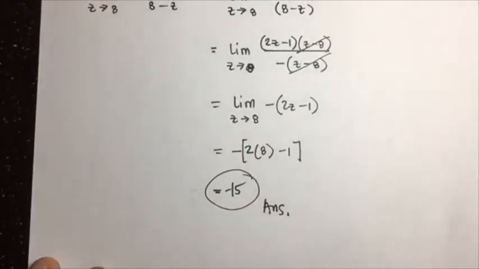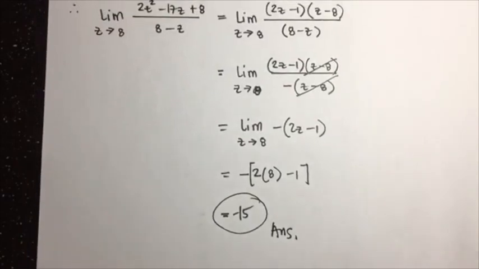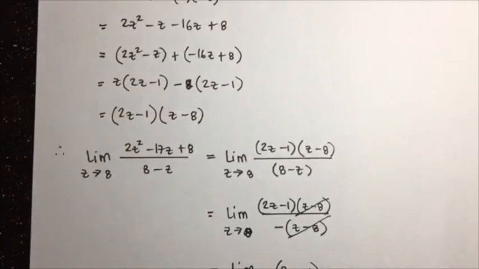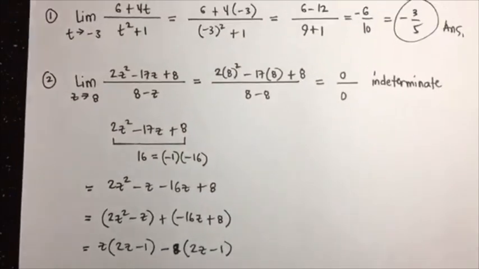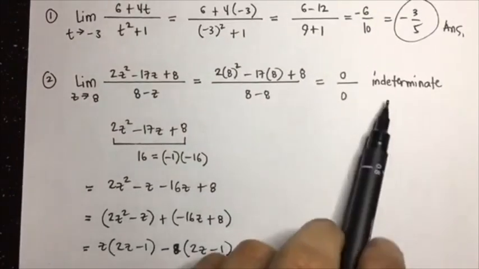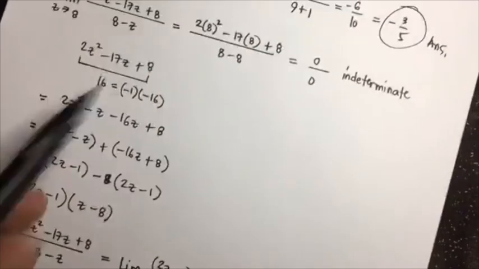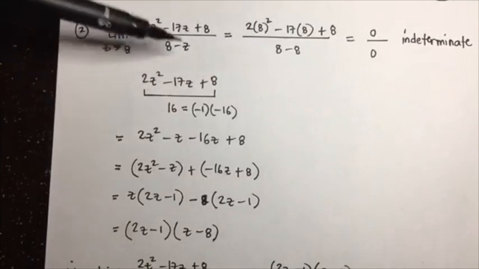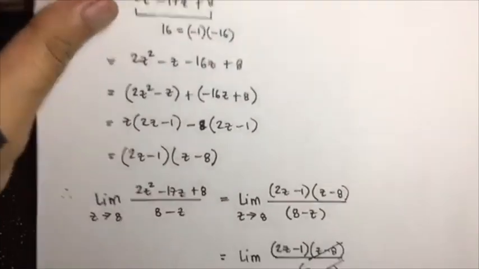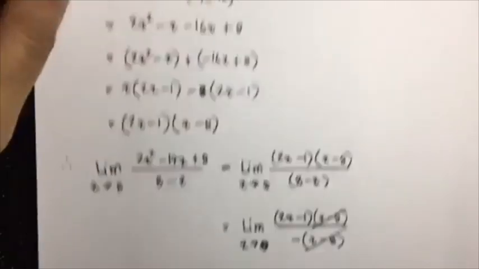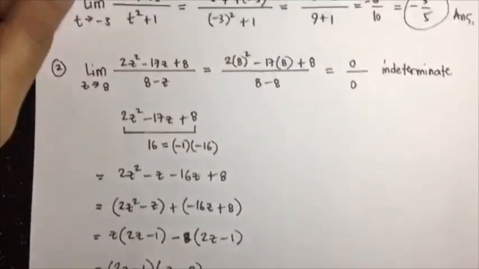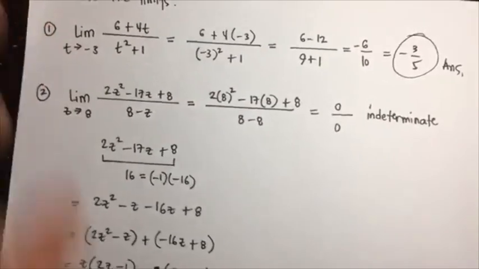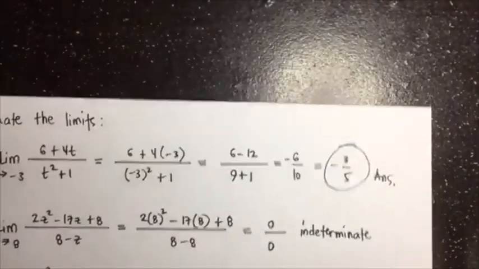So we shouldn't jump directly into concluding that the limit is indeterminate. We see first if we can still simplify the function, so that we can obtain a value for the limit. Okay, let's have another example, a third example.